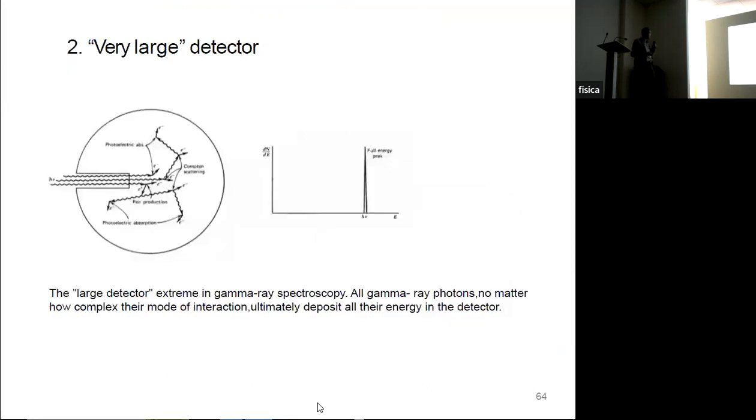The ideal case is if you have a very big detector and all processes which I just explained happen inside the detector: photoelectric effect, Compton scattering, and all these interactions finally lead to photoelectric absorption, and you will get this full energy peak, which is really the goal.